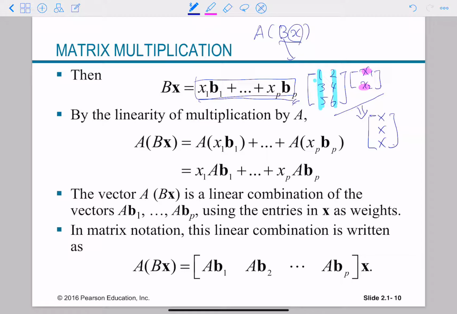And then the matrix A will be something like 1, 2, 3, 4, 5, 6, 7, 8. Let's consider this example where A is defined in this form.